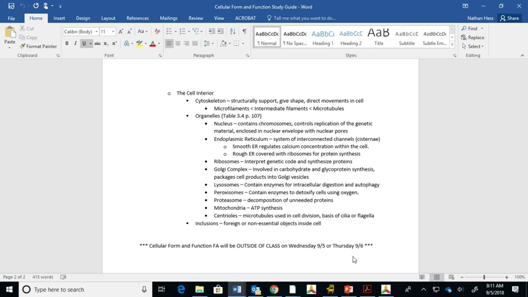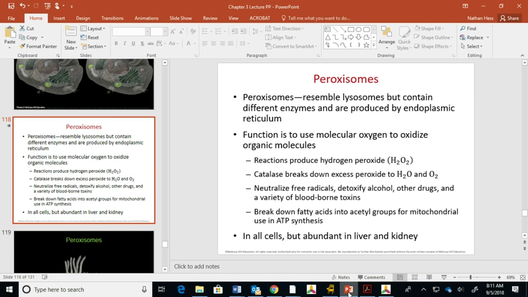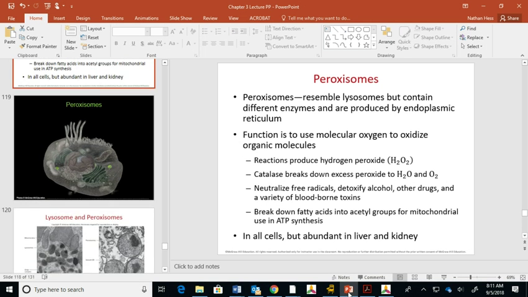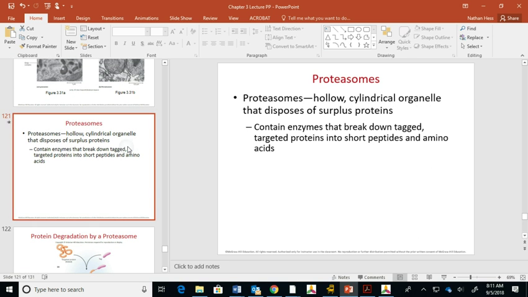Proteasomes. And I'm not even positive I'm pronouncing that correctly, but we'll pretend I am. A hollow cylindrical organelle that disposes of surplus proteins, so it contains enzymes that break down proteins into their shorter amino acids, right? So it's like we made a whole bunch of these blue proteins.